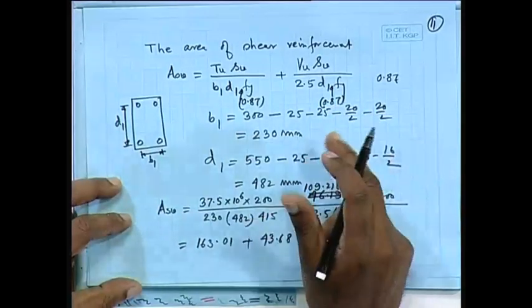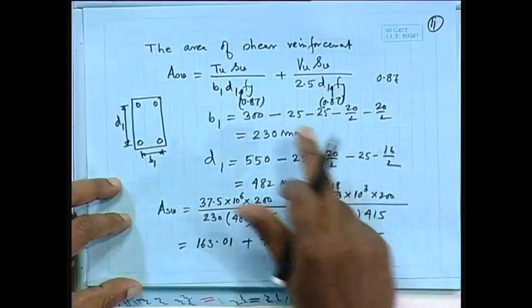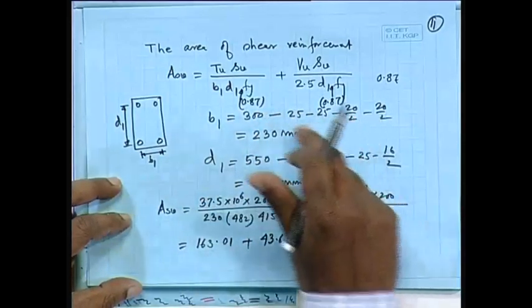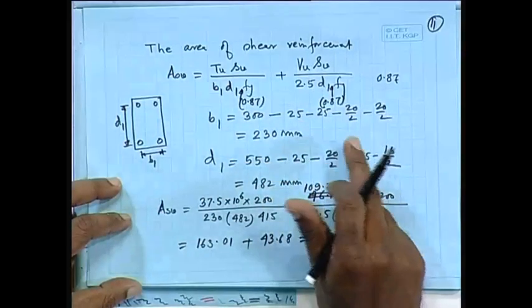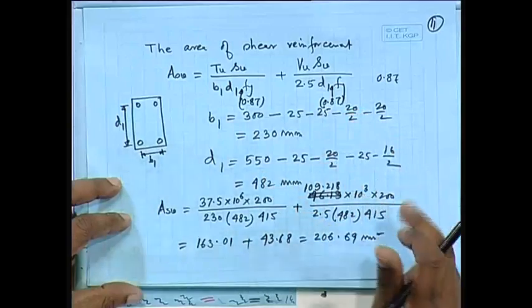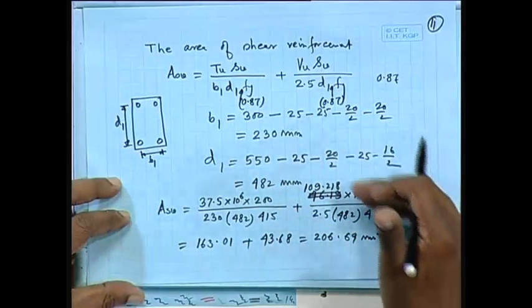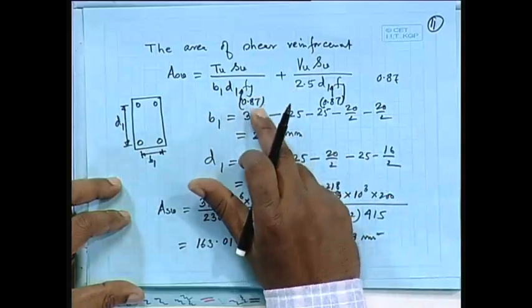When we gave the sketch and the design procedure, we wrote 0.87, but while calculating the problem we omitted this value. We are not redoing the calculation, but anyway you check your calculation with this 0.87.